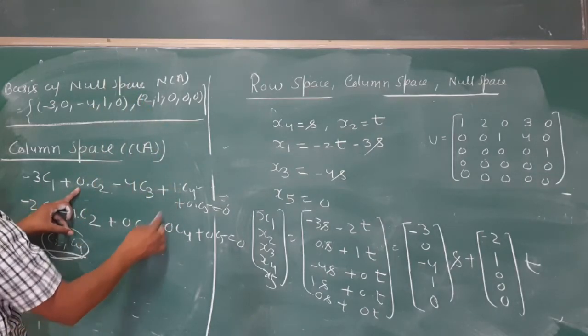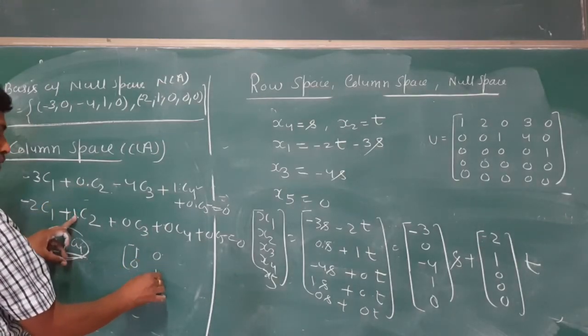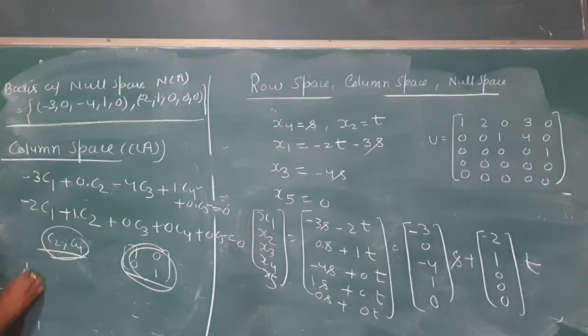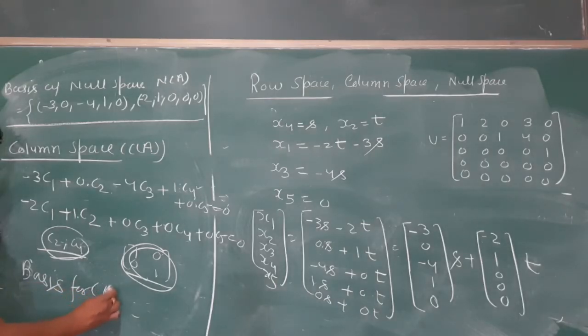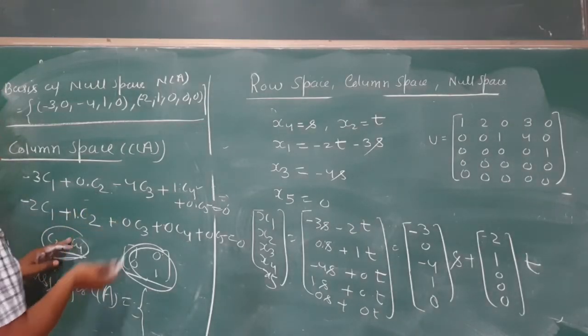So 1 here, in this equation 0; here it is 0, here it is 1. So this forms the identity matrix. So remove these. The basis for column space is the remaining columns. Whatever forms the identity matrix, those are free variables, remove them. What is remaining?